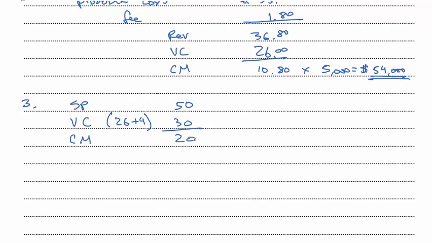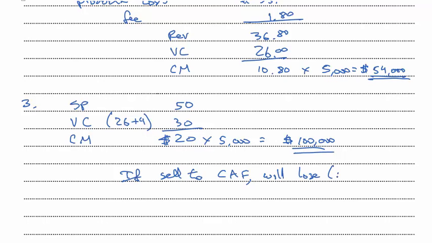So we are essentially looking at $20 times 5,000 units, $100,000, right? So if we sell to the Canadian Armed Forces, we're going to lose 100,000.